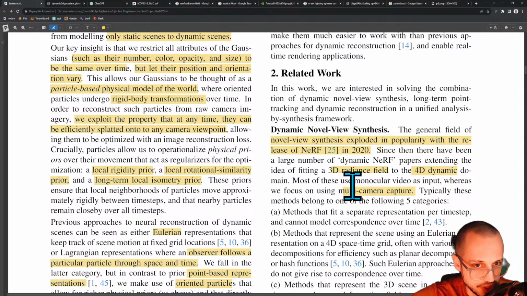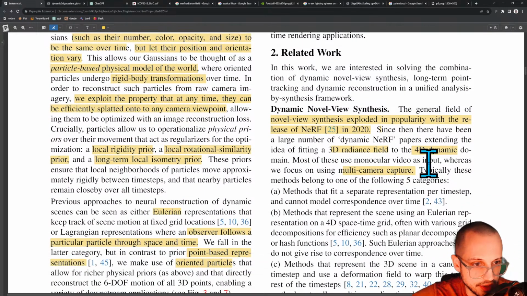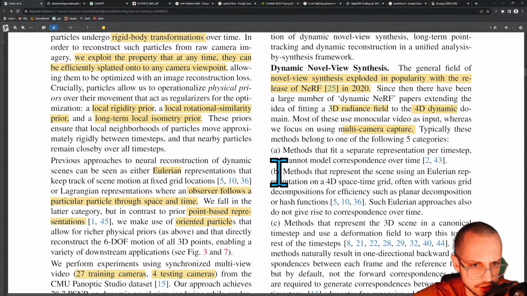Typically, multi-camera capture is how you're getting this correspondence information, BTW. Typically, these methods belong to one of the following 5 categories: methods that fit a separate representation per time step and cannot model correspondence over time; methods that represent the scene using a Eulerian representation on a 4D space-time grid, often with various grid decompositions for efficiency, such as planar decomposition or hash functions.